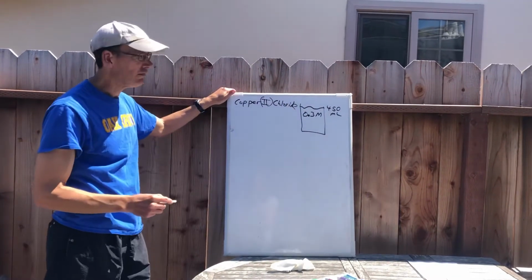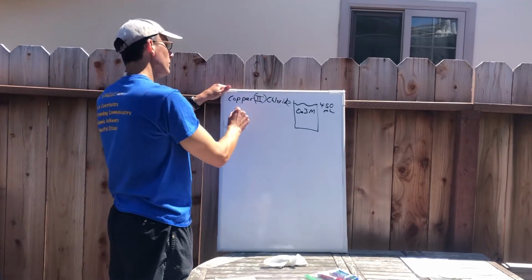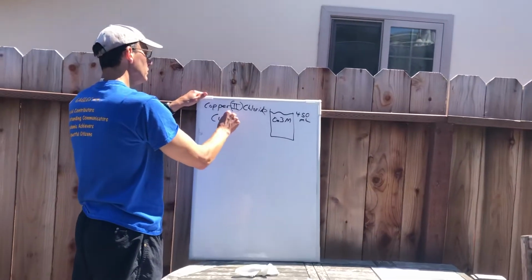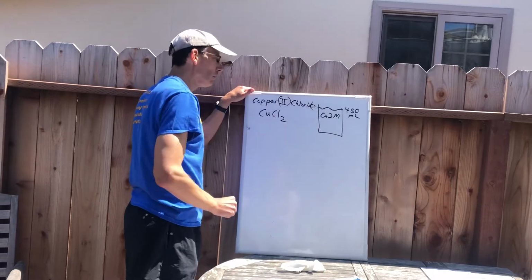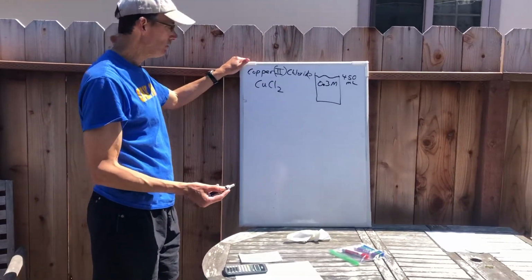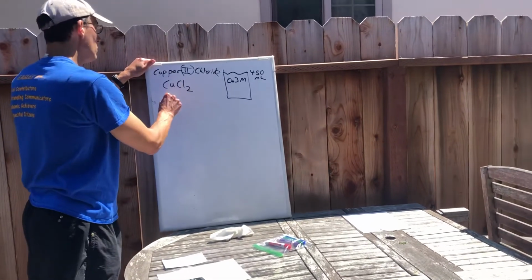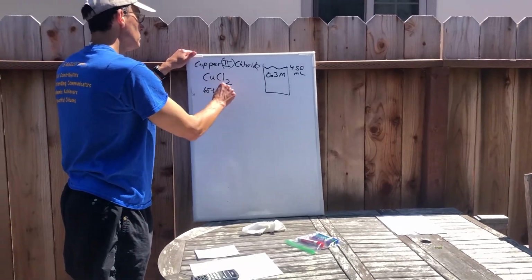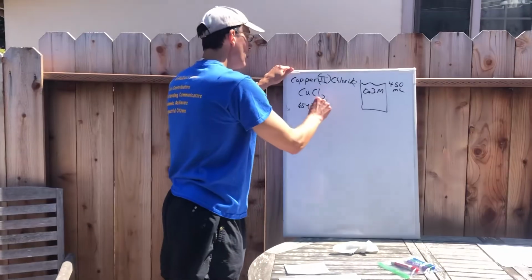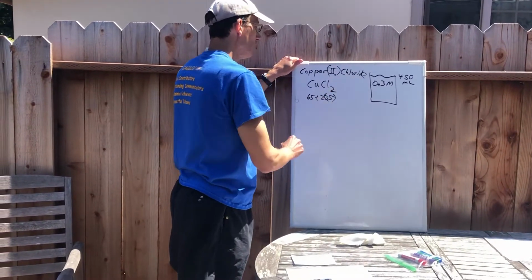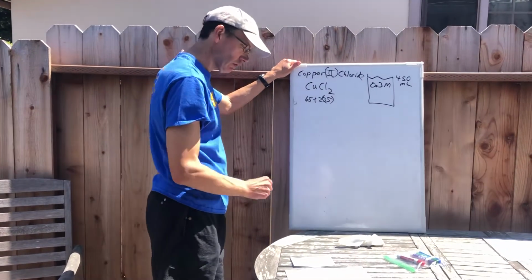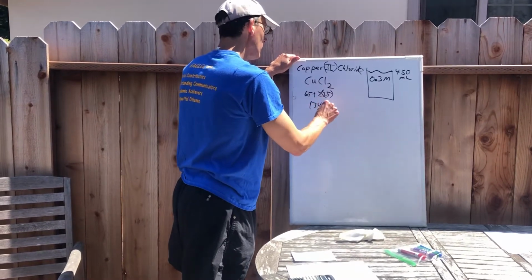Remember, that's the blue stuff. So let's get the formula for copper chloride. It's going to be CuCl2. While we're at it, might as well get the molar mass. So the molar mass is going to be 64 plus 2 times 35, which is 134 grams per mole.